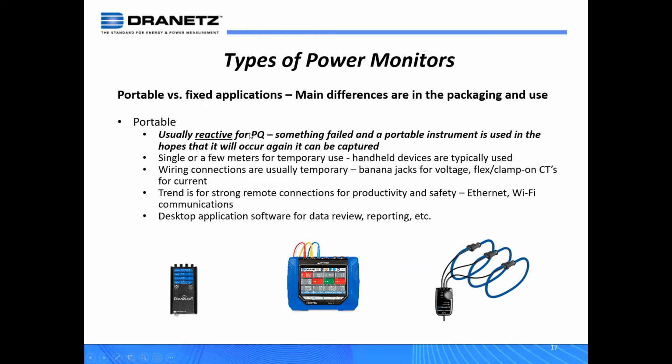And again, you have other things that'll help you along the way, such as desktop applications for software, applications for data reporting and things of that nature. You have different classes of portable monitoring, from data loggers, where you're just simply looking for trend data, you're looking for detection of any power quality anomalies.